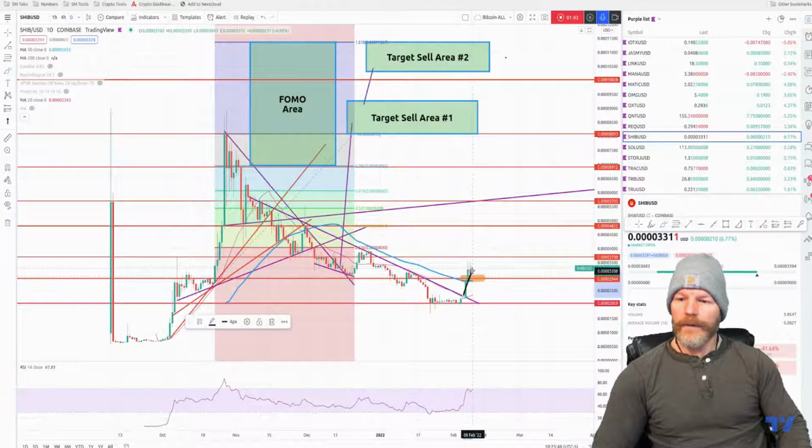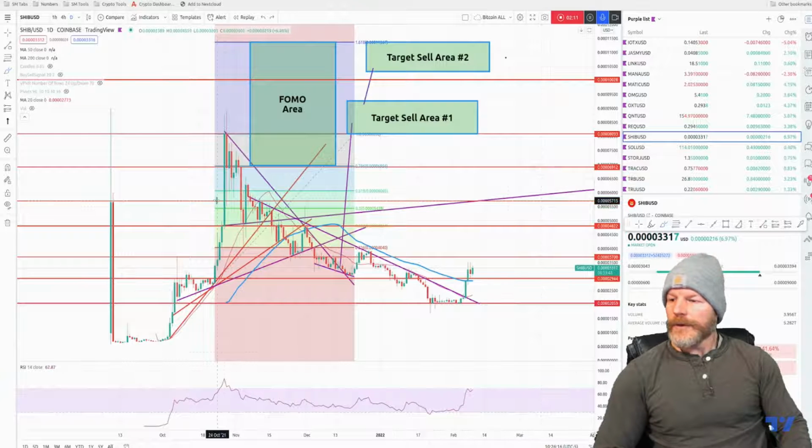We are now forming a bull flag. So this looks like it's going to be a bull flag of sorts. And then, further price action up is typical after a bull flag is formed. I'm not saying that's what's going to happen, but it sure looks bullish at this point.